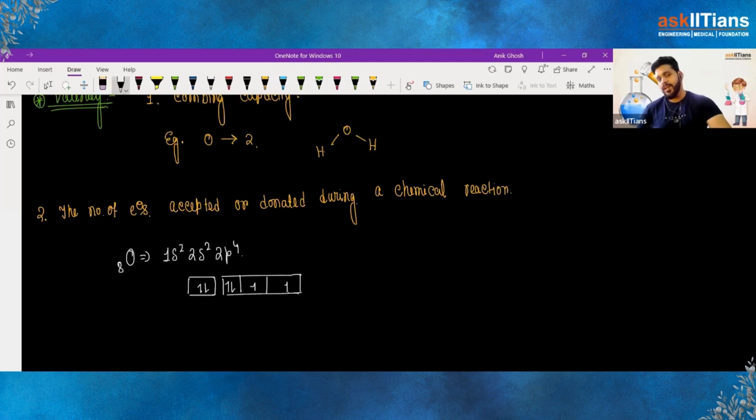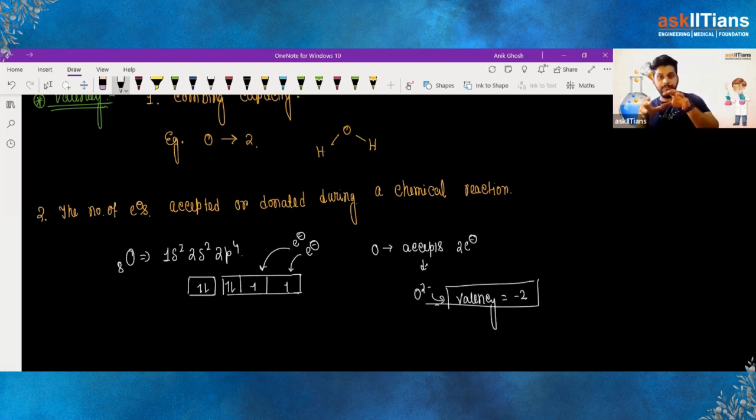Now you can see, guys, it would definitely try to take 2 electrons to make itself octet filled, or to make its p orbital filled. So as a result, guys, oxygen accepts 2 electrons. So that's why its valency is O2 minus, and the valency is -2.